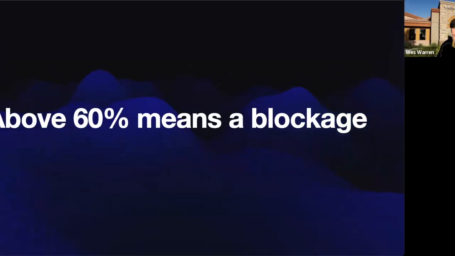Why are we so booked out? Okay, that means you've got a capacity blockage. That is the sign right there. Okay, so when you do this analysis, this is what you're looking for, is that the schedule starts booking out and booking out. So as the practice starts to grow, this is the number you want to look at, and this is the sign you've got a capacity blockage in your practice.